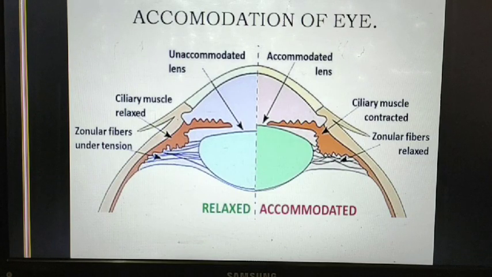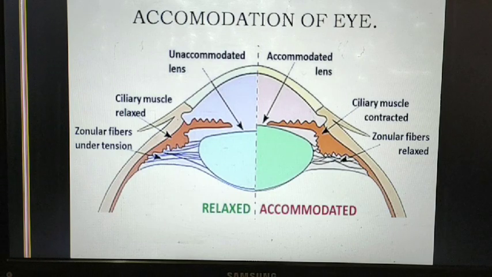Varying degrees of contraction of the ciliary muscles help the lens to focus objects at varying distances from the eye. Hence, very distant and very near objects can be brought to a focus on the retina.